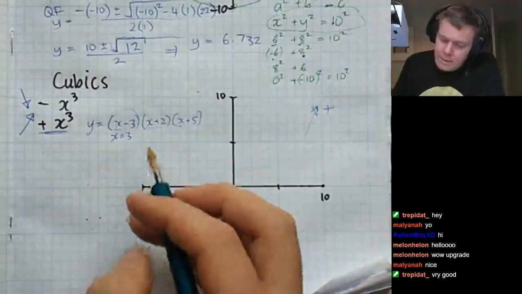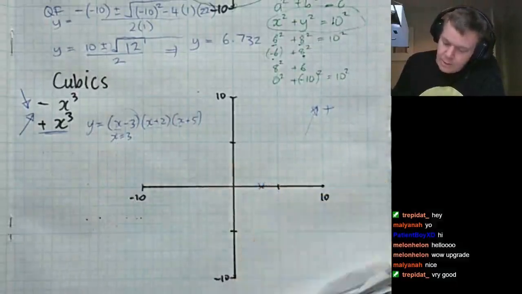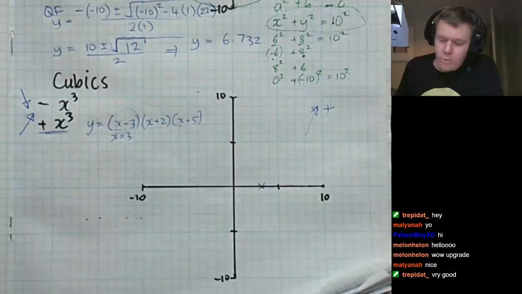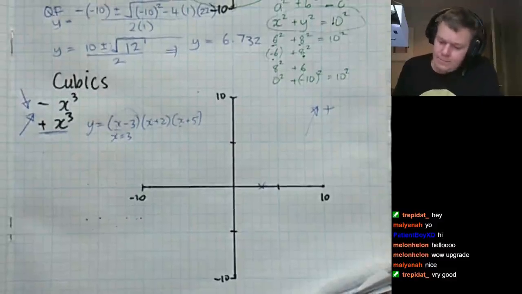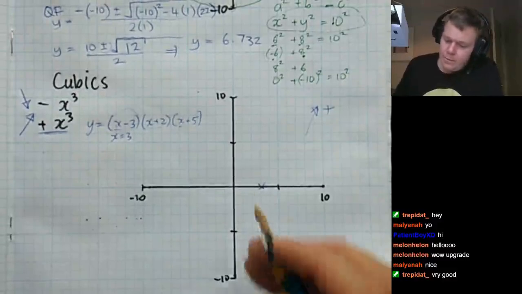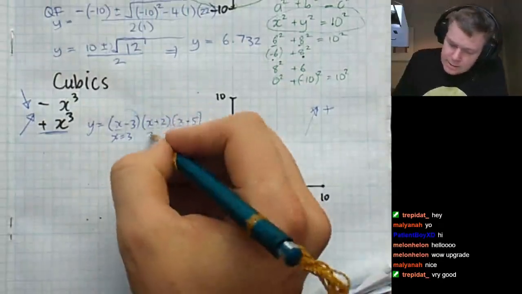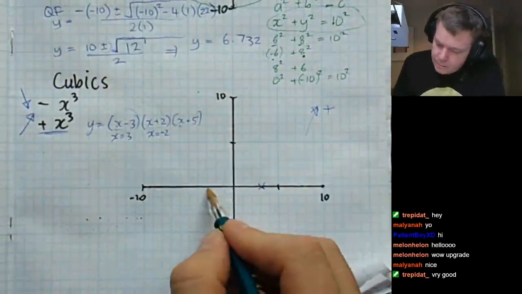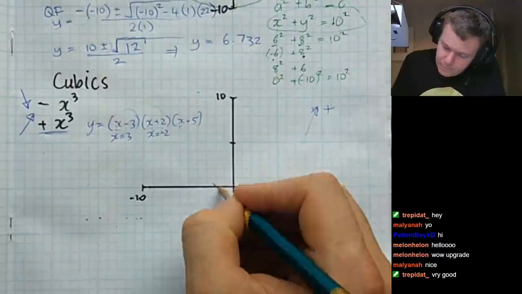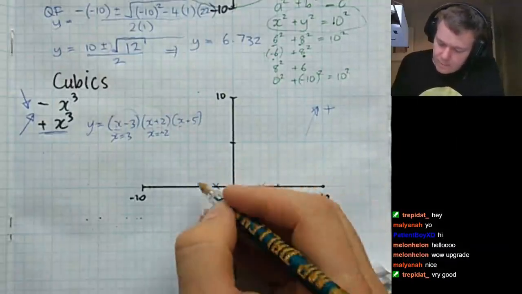So that's a solution: x equals 3 is a point where the cubic crosses the x-axis. So y equals 0, x equals 3. And then another solution is x equals minus 2, so we're going to get one here, and minus 5.